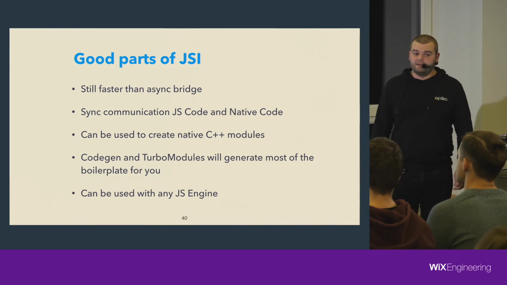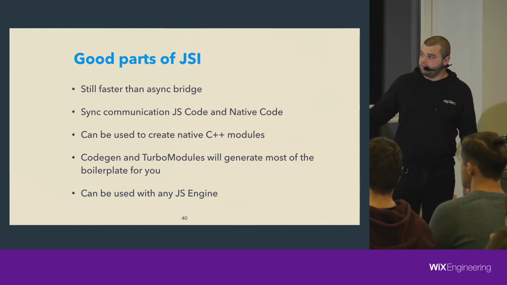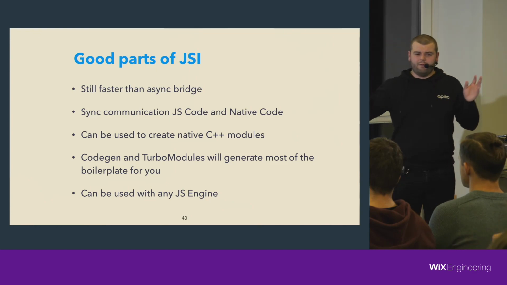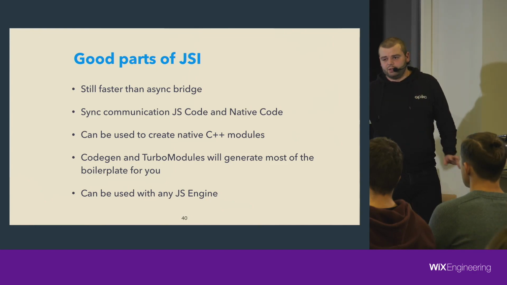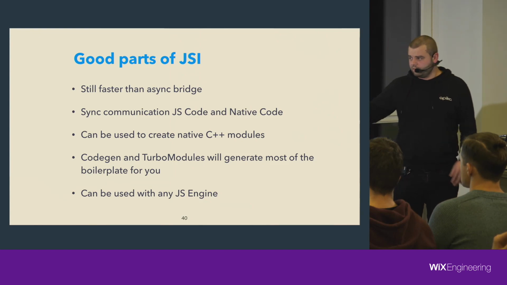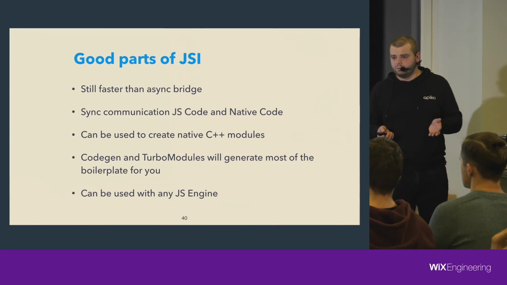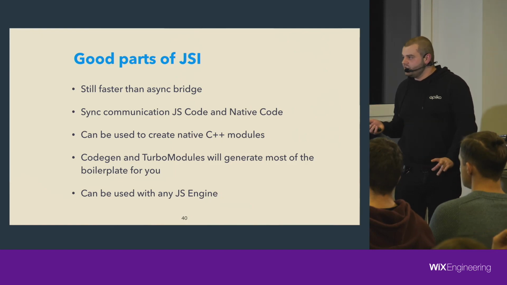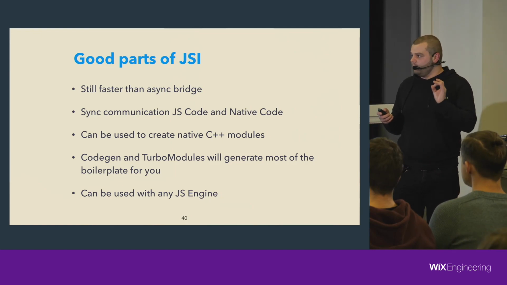It's still faster than the async bridge, and I'm pretty sure Turbo Modules will make it even faster because it has lots of optimizations and lots of code which helps you to do things quicker. It's sync communication between JS code and native code.